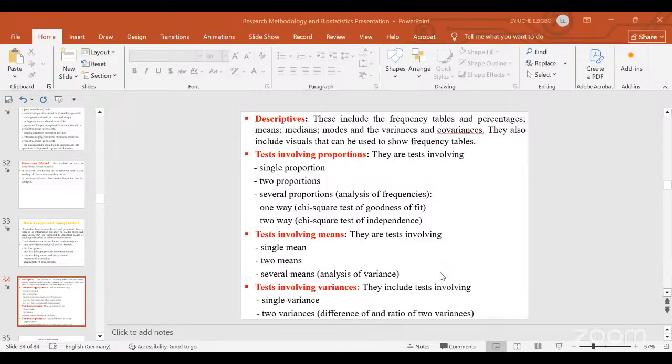ANCOVA is actually ANOVA. They follow the same principle. But the difference between them is the variable that we are interested in checking, if the means differ as we move from one to another.